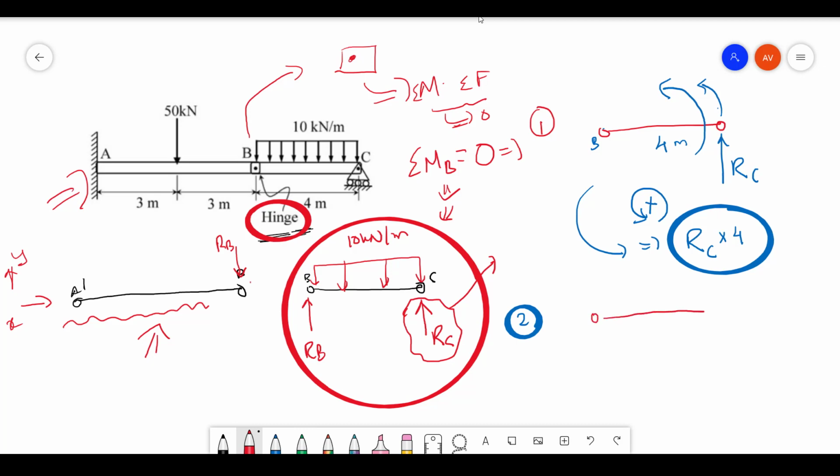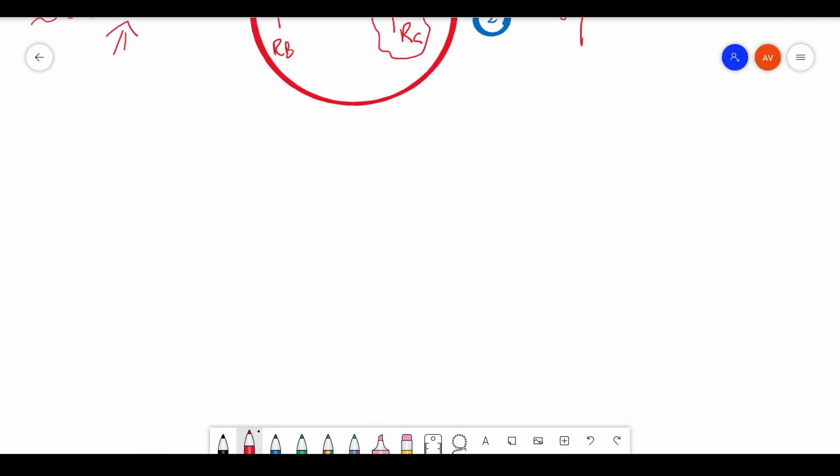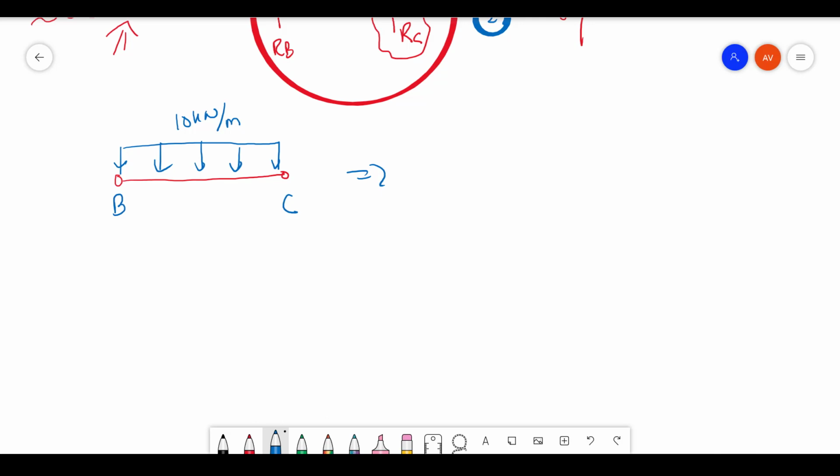Now let me take the second one. I have the uniformly distributed load of 10 kilonewton per meter. Let's say my forces are uniformly distributed like this, from B to C, 10 kilonewton per meter. How can I equivalently represent this, if I consider only point B?